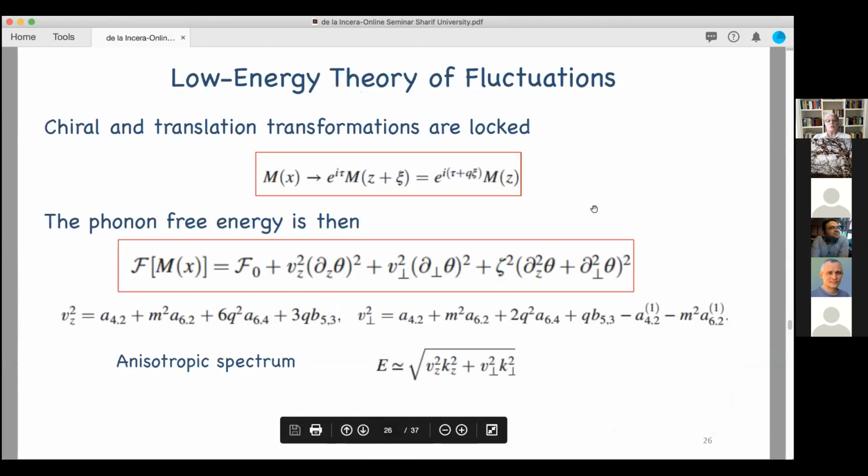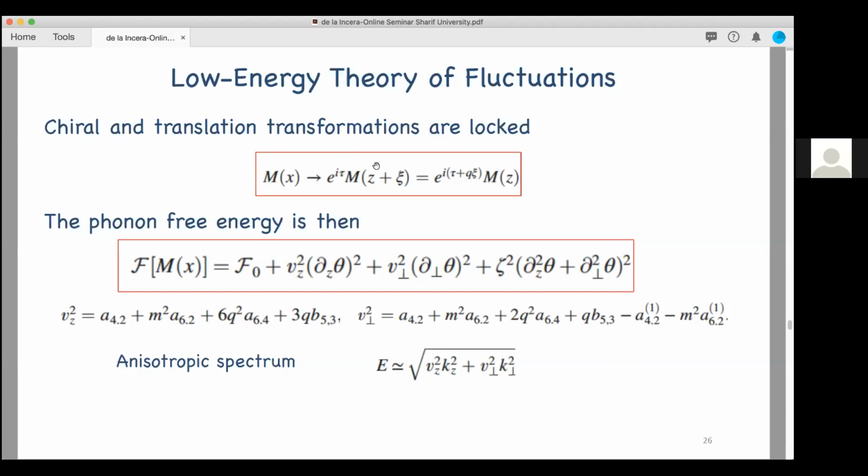So in order to study the fluctuations, what we do is we perturb the order parameter with these fluctuations. I am telling you that we have fluctuations due to the chiral and fluctuations due to the translation. So I perturb the order parameter with these two transformations and see how it transforms. And then we can see that they get combined in this way. So clearly you can choose tau and chi, you can choose transformations such that they cancel each other.